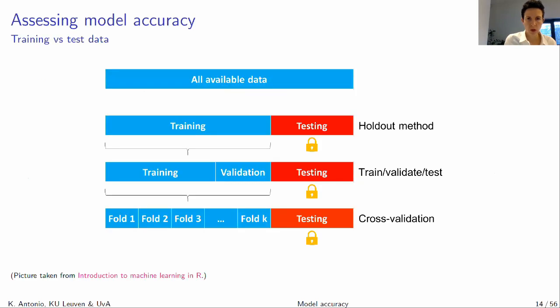Okay. So what you see here is that when you get a bucket of data at your disposal, we're going to make the distinction between setting up part of the data to train your model and part of the data to evaluate the performance of your model, or to test the performance of your model on new observations. At this point, the distinction between the holdout methods, the train, validate, test approach, or the cross-validation approach, is not relevant yet.